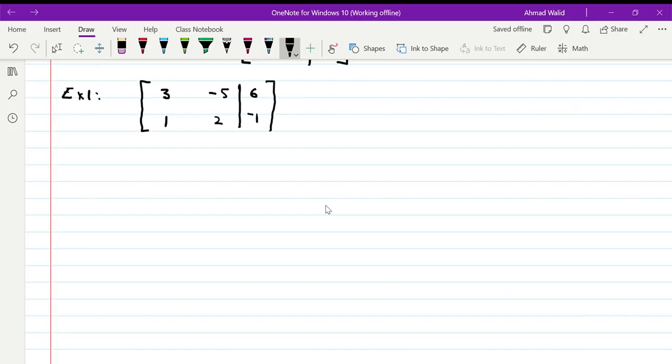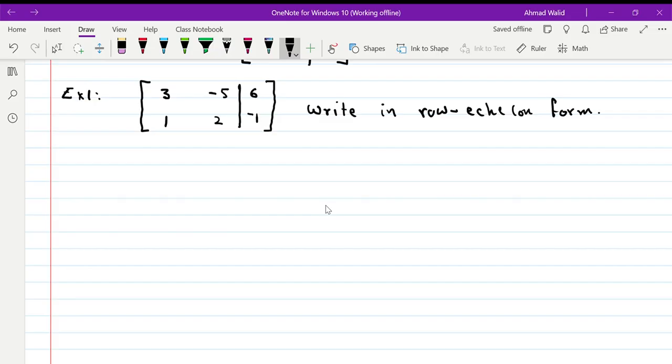I want to write this matrix in row echelon form. Correct? For example, they give you this instruction: write in row echelon form.